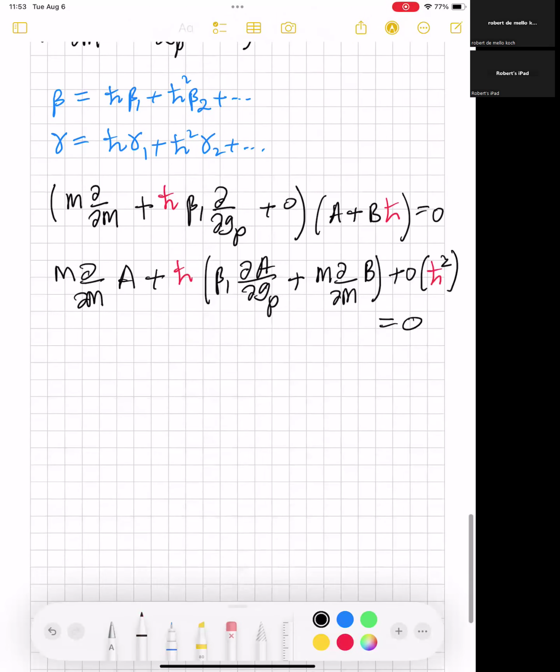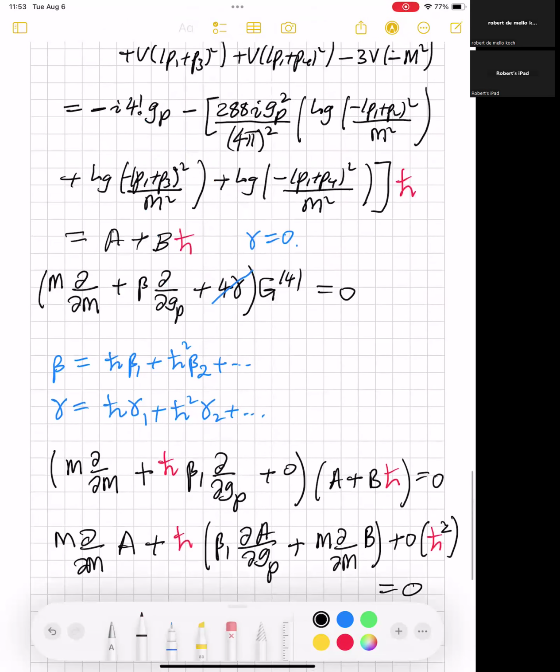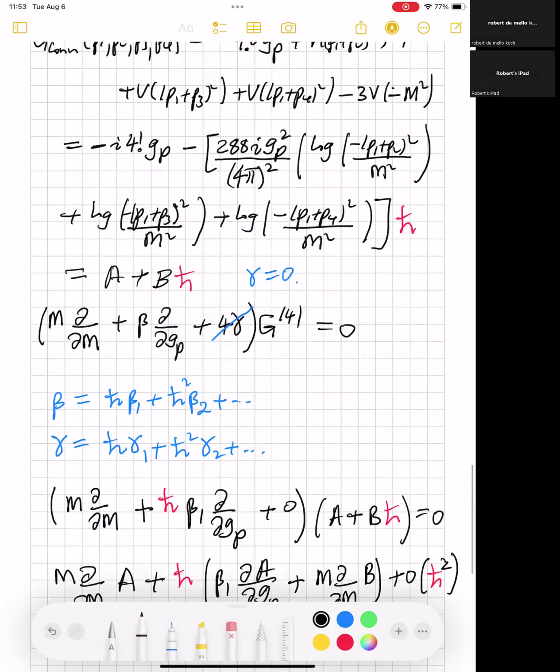Now, what you see is this M is the scale at the matching condition, but A, the first term, well, that's kind of the classical piece. That's the piece that is fixed to measured values, so that doesn't depend on the normalization conditions at all. You can see what A is equal to? Well, A is just minus 4 factorial GP.